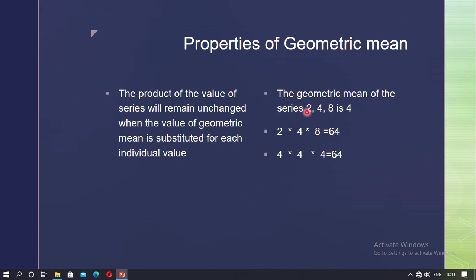And if you substitute each observation with your geometric mean, that is, instead of 2 you put 4, instead of 4 again 4, instead of 8 you put 4, you will get the product as 64. So both the products are the same.